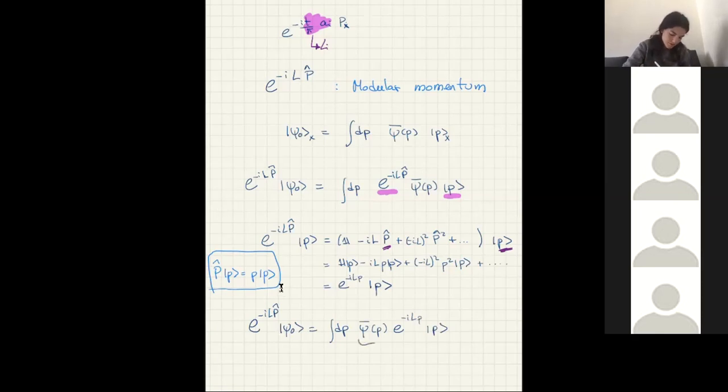And this is kind of the new wave function in momentum, right? Let's call it the final wave function. Okay, it's not the derivative. Good. But what we want to see is what changes in the position.